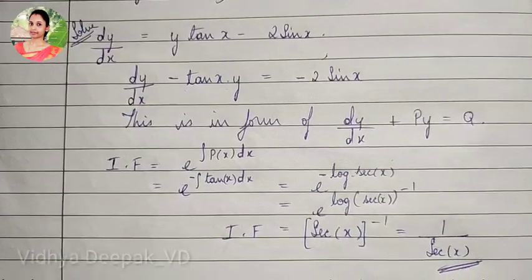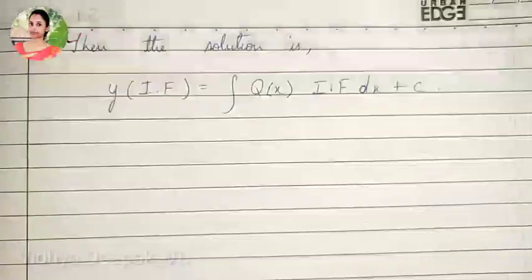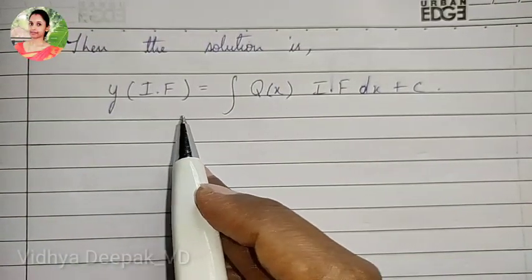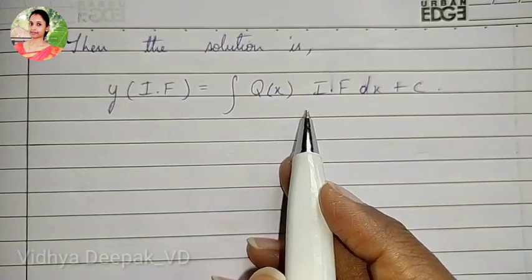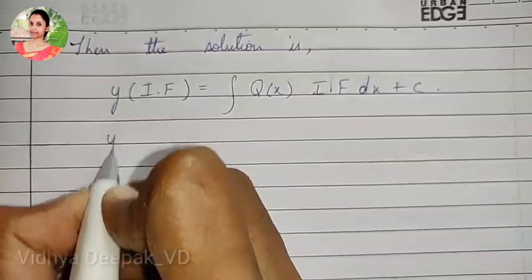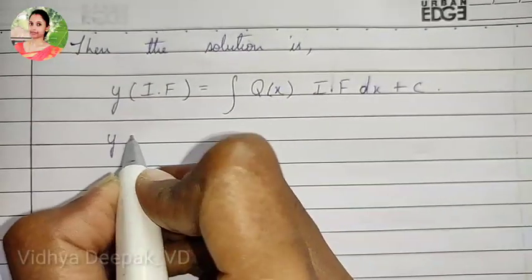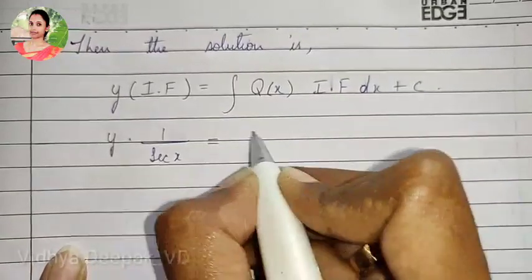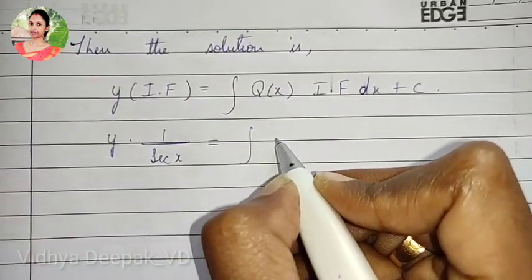Now the solution is using the formula: y into integrating factor is equal to integral q of x integrating factor dx plus c. So y is as it is. The integrating factor we got was 1 by secant x, is equal to the integral. What was our q?